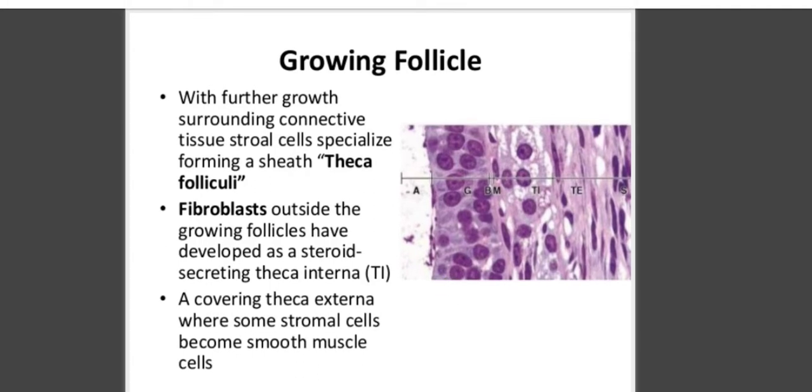Growing follicle. With further growth, the surrounding connective tissue stromal cells specialize, forming a sheath, the theca folliculi.